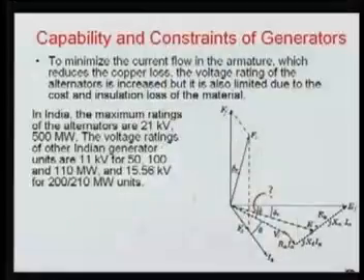What is the difference between the capability and the constraints of generators? Basically there are various constraints that limit the capability of the generator. So the capability is a curve that is bounded by the regions of the various constraints. We will see the capability curve of generators in terms of real and reactive power later, and again that depends upon the heating limits.